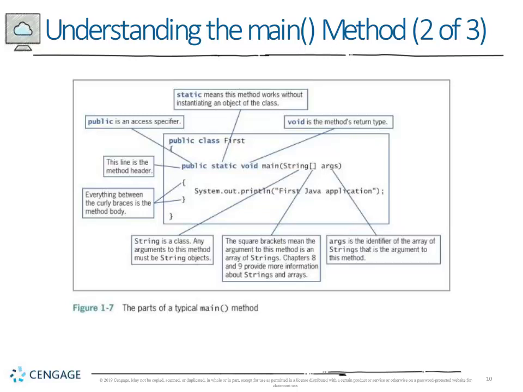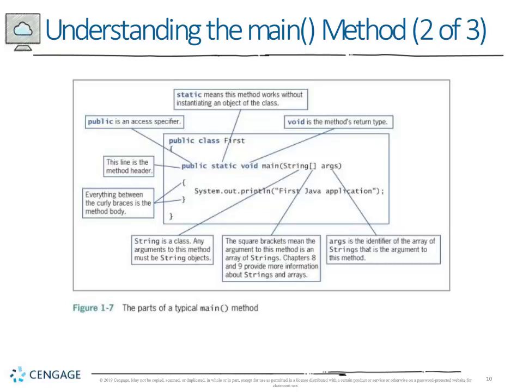The static means the method is accessible and usable even though no objects of the class exist. So this main method works without instantiating an object of the class. Then void means this main method returns nothing. And everything between the curly braces is the method body.